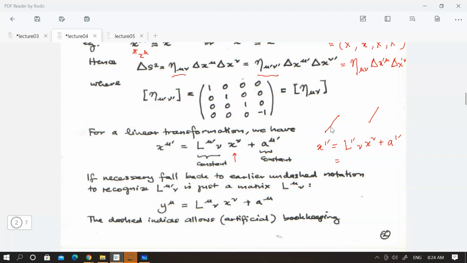So this could be L1 dash 1 x1 plus L1 dash 2 x2 plus L1 dash 3 x3 plus L1 dash 4 x4 and then plus a constant A1 dash. Okay, so that essentially is just getting the first component in the dash coordinate frame, and then you can do the same for the rest.